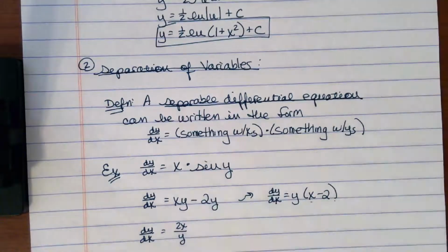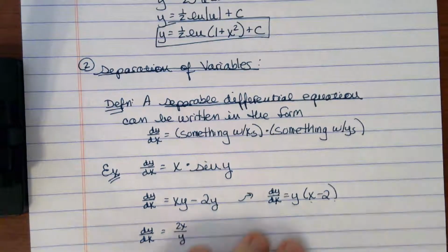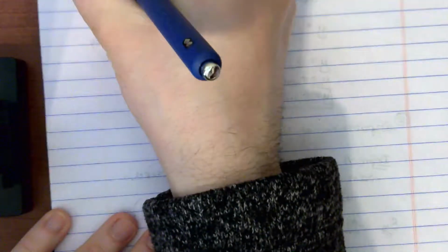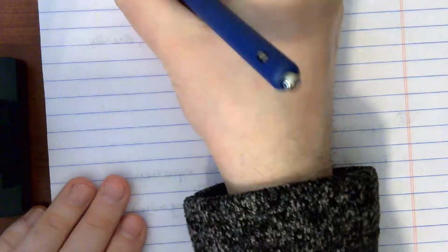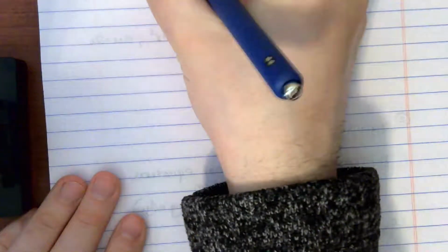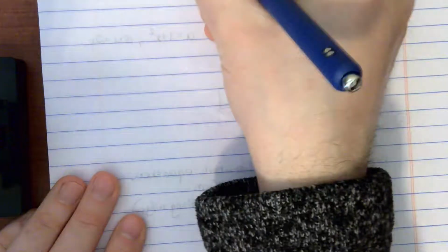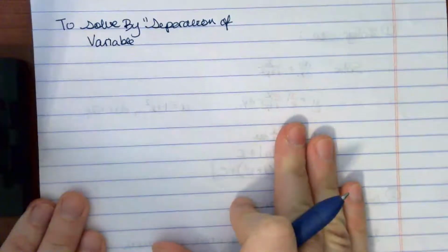I'm going to pause so you can make sure this is all in your notes. To solve by this method called separation of variables, what I want to do is give you the steps as I show you an example.